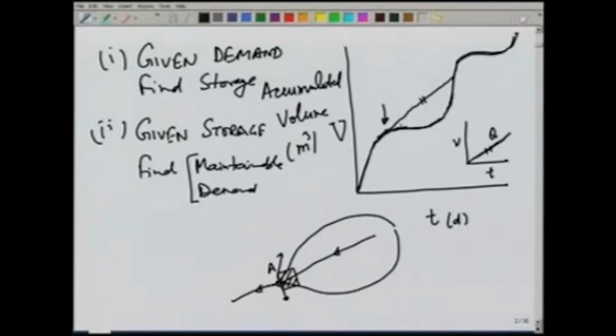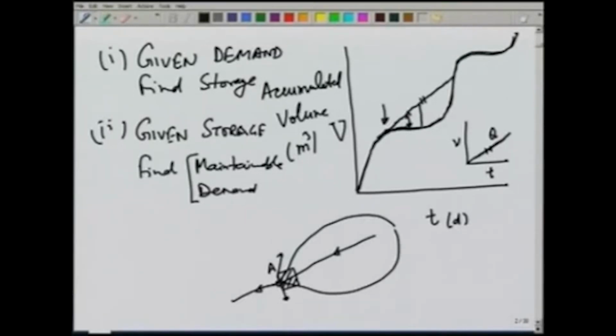Now, in order to find out the storage, let us look at what is happening here. Our demand is constant at this rate, the supply is small, and therefore, there is a deficit between the supply and the demand, which has to come from storage. So, at this point, this is a deficit which must come from storage.